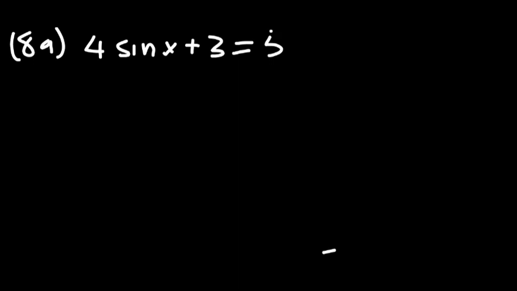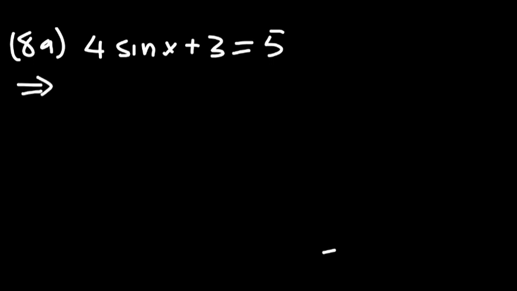Then we've been told to solve for x, and x should be greater than or equal to 0 and also less than or equal to 360. So that's our interval: 0 is less than or equal to x, and x is less than or equal to 2 pi.